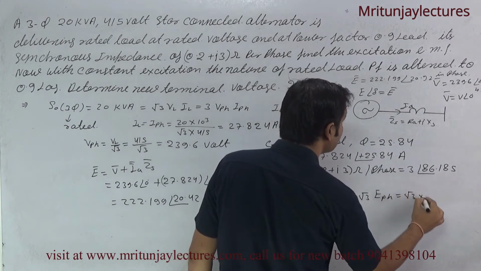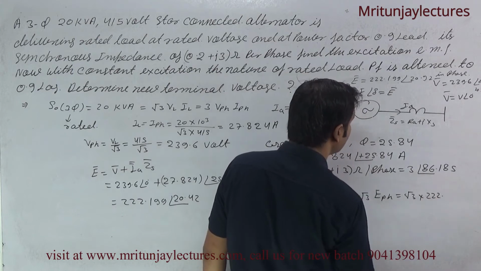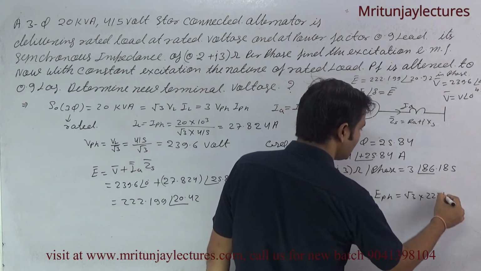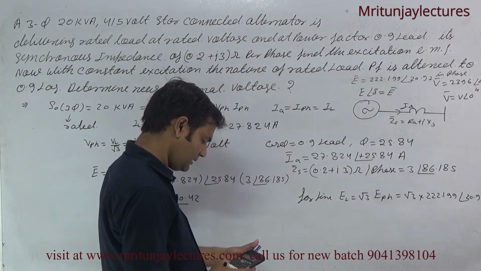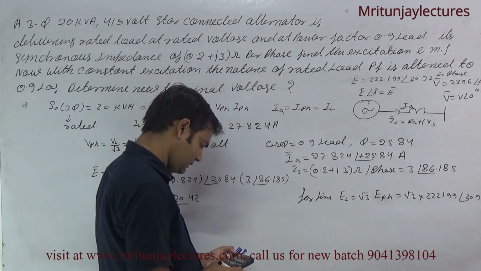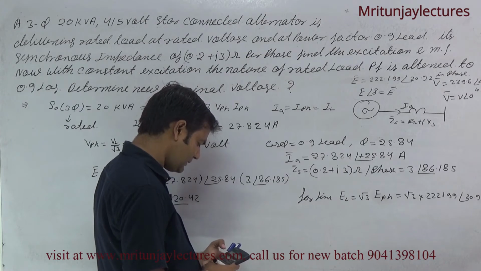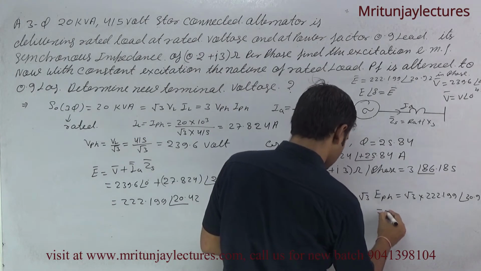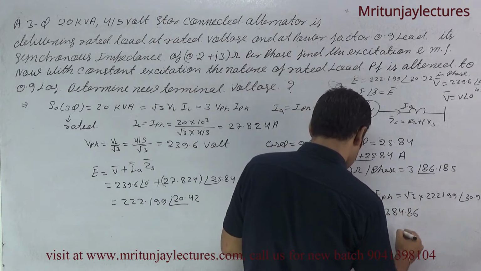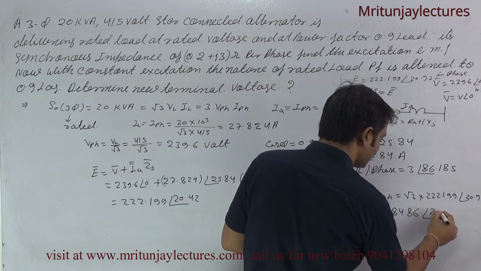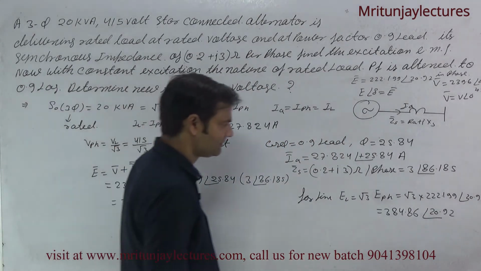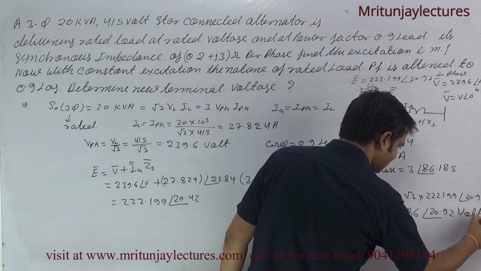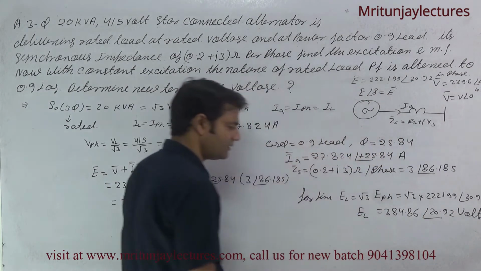So root 3 into 222.199 at the angle 20.42, multiplied, is finally 384.86 at the angle 20.42 volt. That is EL in the terms of line.